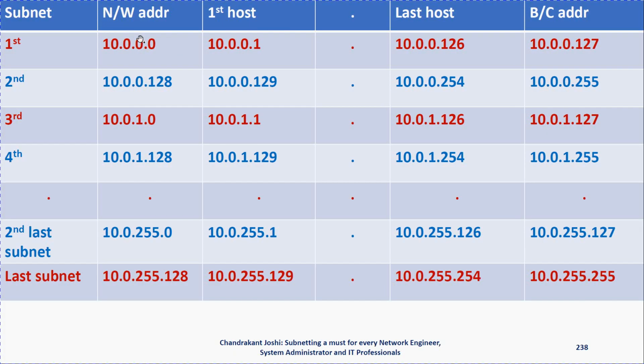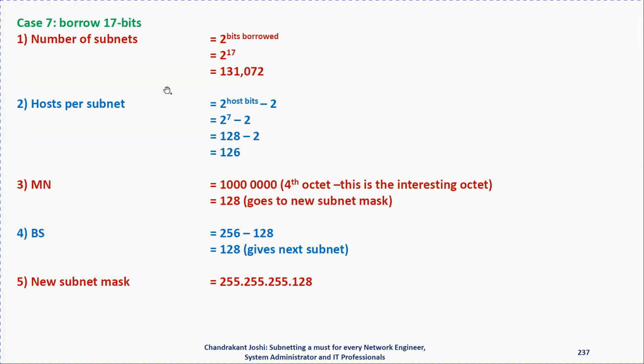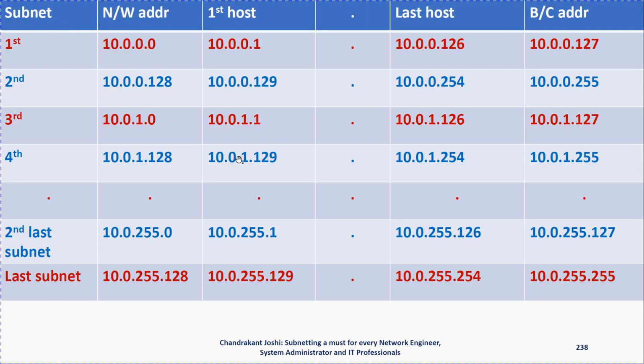So 2 power 8, 2 power 8 and 2. So 8 plus 8, 16, and 2 means 2 power 1. So 17. So this is how it becomes 2 power 17. And let us verify 126, which is obvious from 0.1 through 0.126.